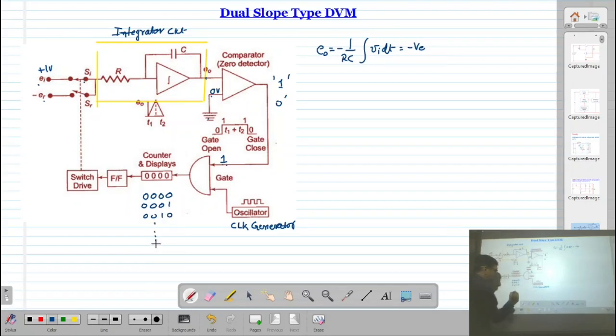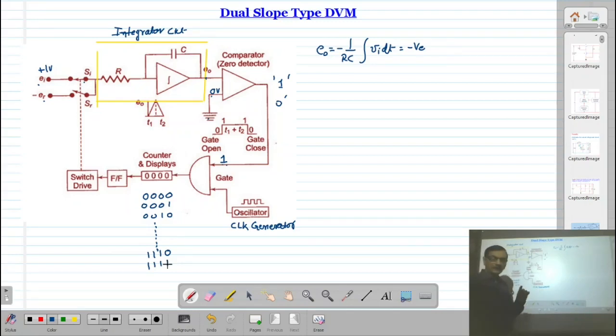In this way we have an up counter, and the final count will be here. Whatever the count will be, before that we have a count 1 1 0, then my final counter is 1 1 1.